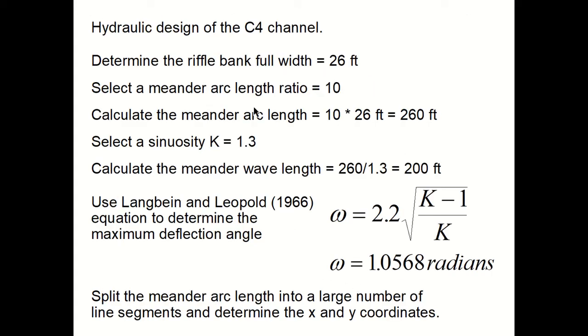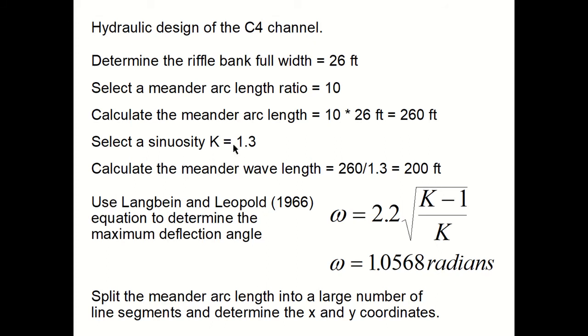So let's say we had a bankfull width of 26 feet, and I'm going to select a meander arc length ratio of 10. I then calculate the meander arc length as being 260 feet. Now you notice this meander arc length contains 2 riffles, 2 pools, 2 glides, and 2 runs.